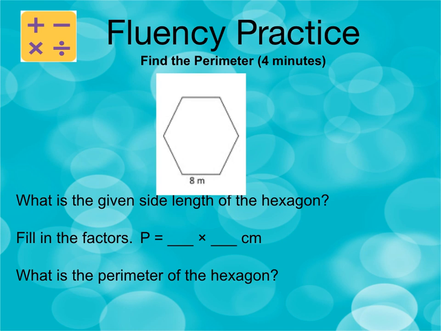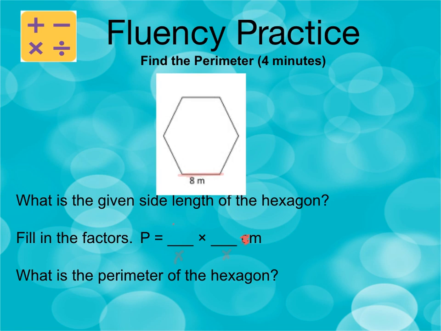Here's my next problem. What is the given side length of the hexagon? Our given side length is 8 meters. Fill in the factors. P is equal to blank times blank centimeters. So how many sides are on my hexagon times my side length? Go ahead and figure out the perimeter of the hexagon and type it in.